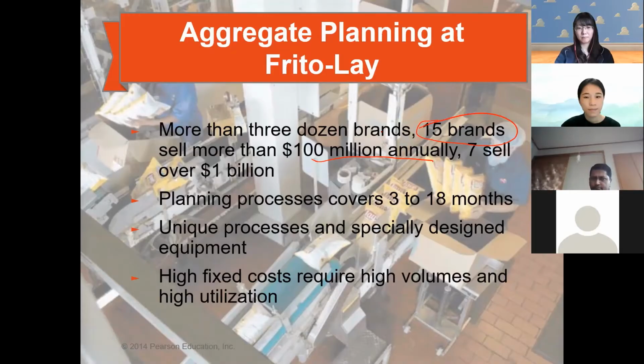So the planning process covers 3 to 18 months. Because when you plan forward, you must imagine, you need to plan for your workers. You need to plan for what else? Machines. You need machines to make the products. Correct. And so on. So that's called capacity.